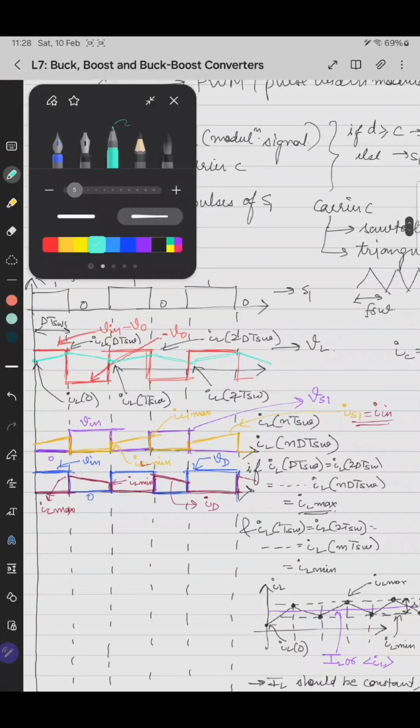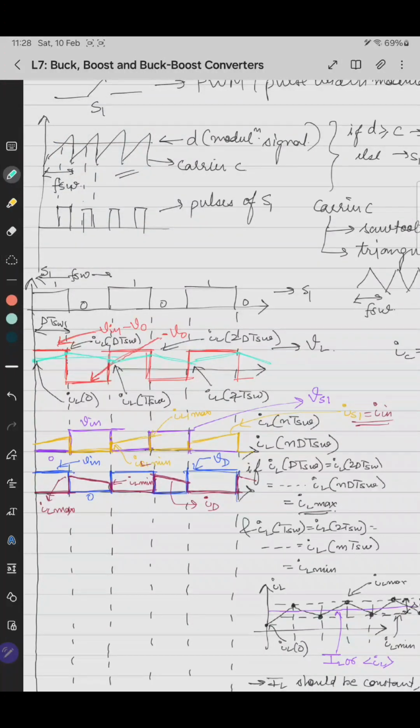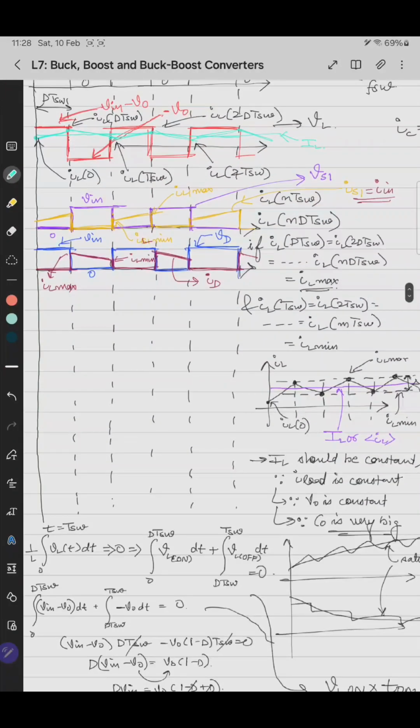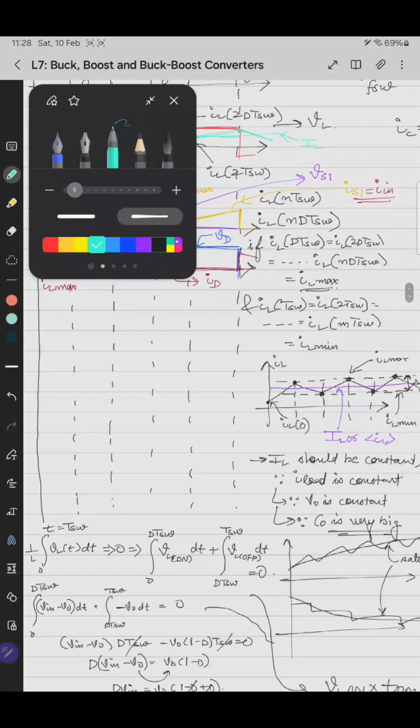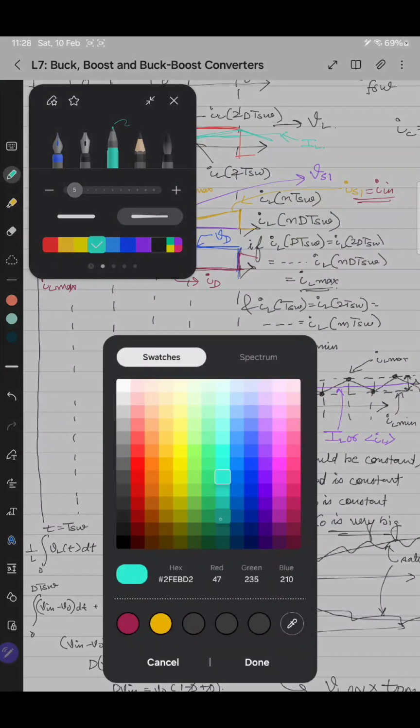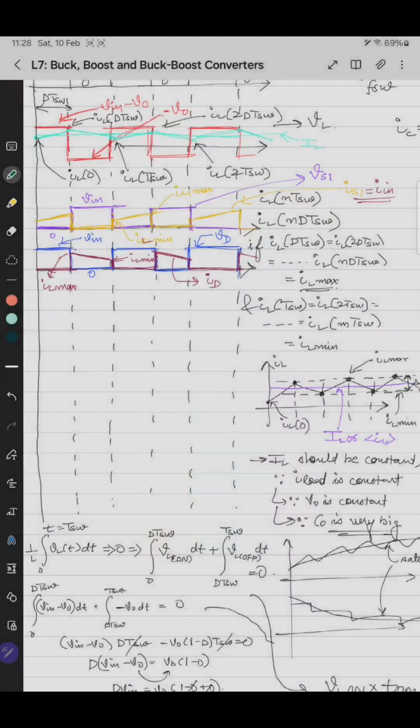If we draw like this, this is the average value, capital IL. From this waveform we are subtracting some constant, which means that the waveform of IL is shifted down. So the IL waveform will be like this.